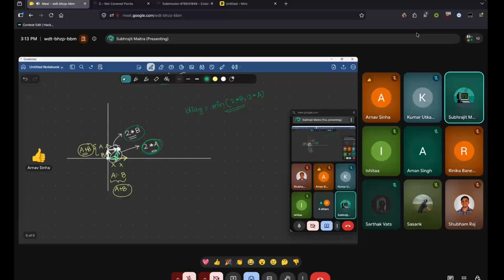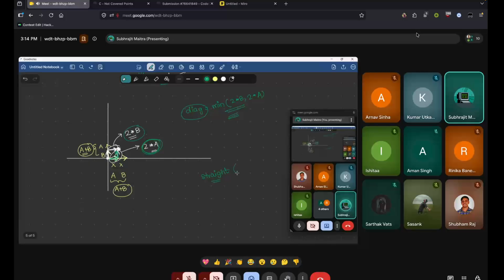Okay. So now we have a few things done. See, the minimum cost for diagonal we already know, but we also need to know the minimum cost for a straight path. Now, what is the minimum cost for a straight path?